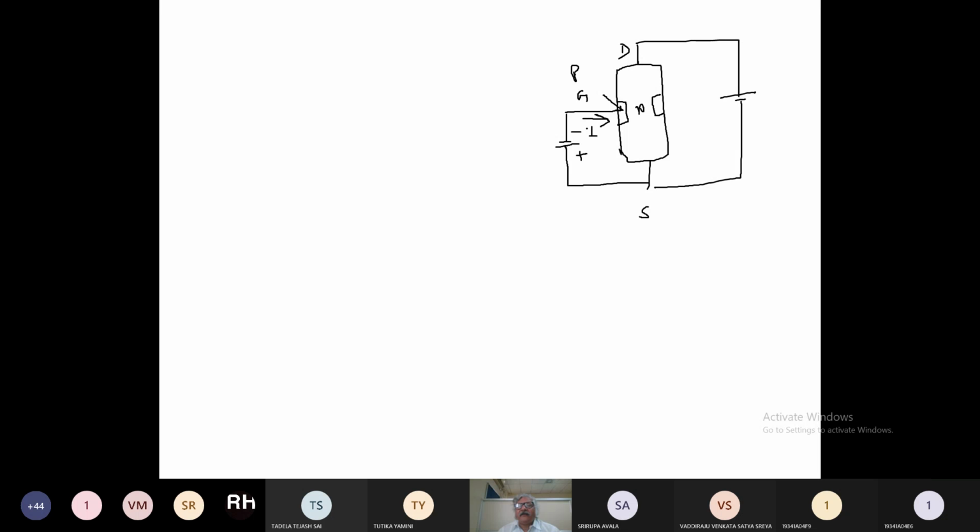That's why the gate terminal current IG is 0. It is not exactly 0. It would be 0 if the resistance were infinite, so it is very small. Gate current is very small. This means there is very high resistance, and that resistance is your input resistance. So why is it high?